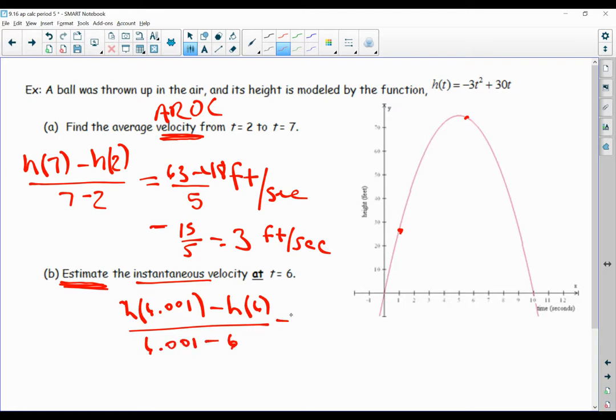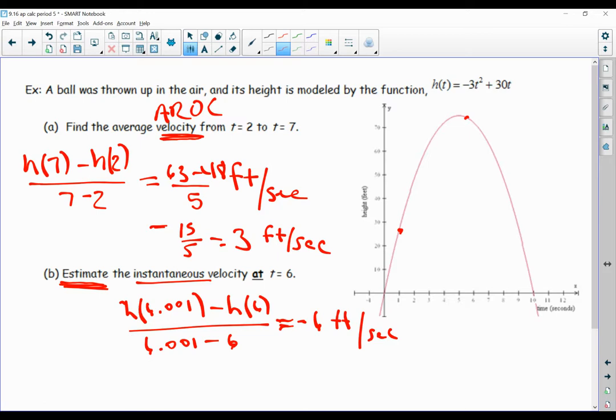And when I use my calculator with this function, which is what I did prior to this, I end up getting an answer that's approximately negative 6 feet per second. So I can say the instantaneous velocity at time equals 6 of this ball is approximately negative 6 feet per second. I can't say it is exactly, but I can say that it is approximately.